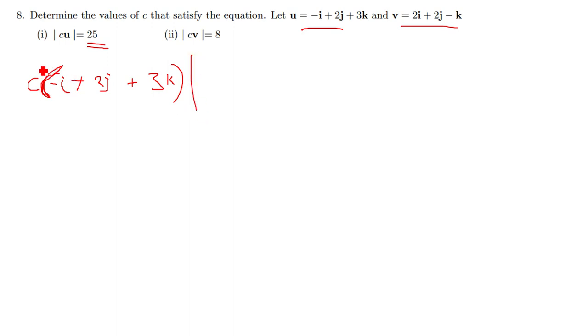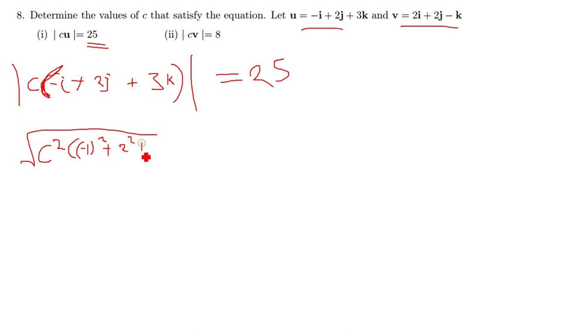Then when you find the magnitude of this, you're supposed to get your answer to be 25. So the magnitude of this is simply the square root of c squared, and then you have negative 1 squared, then plus 2 squared, then plus 3 squared. So this is equal to 25.